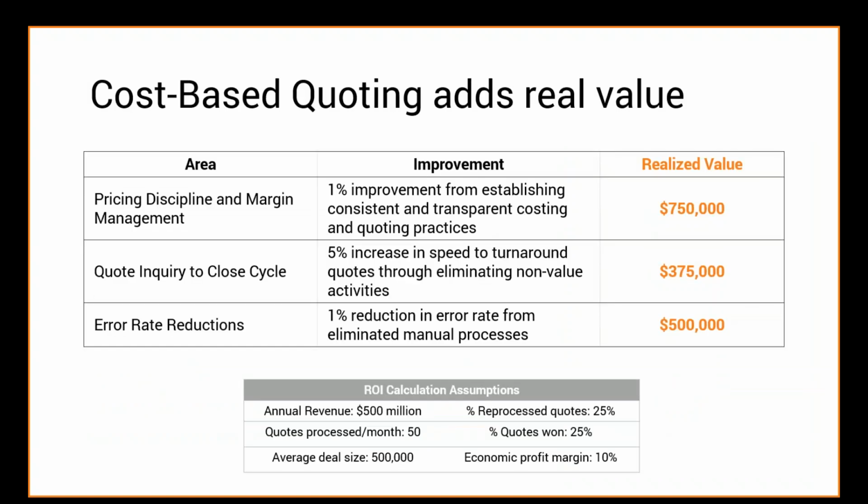Now, how does this cost-based quoting add real value, right? This is a statistic that we put together from what we have seen from our customers. There's a lot of indiscipline, or a lot of unstructured processes, a lot of times. How does a request for a new product flow through an entire organization and eventually become a quote, so to say, or an estimate, right?